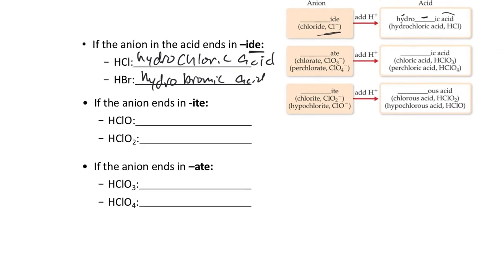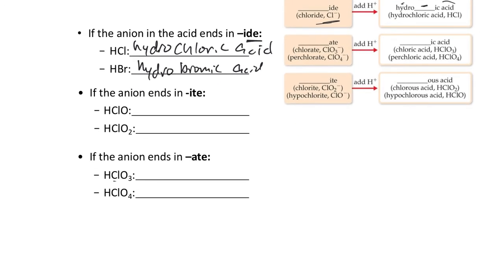Let's do the ATE endings next. So if you have chlorate, that ion was added with H+, so now we're in acid form. We change the ATE ending to ic. So chloric acid. And then perchlorates, perchloric acid.